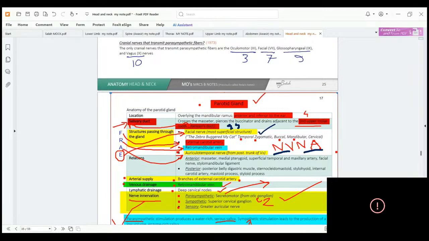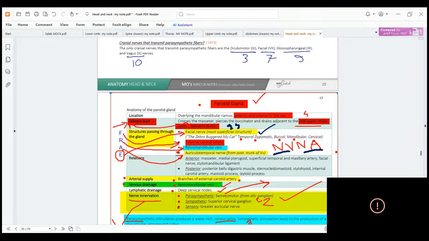Parotid gland location, okay. And the salivary duct, opposite the second upper molar tooth, is also called Stenson duct. It crosses the masseter, pierces the buccinator, and drains adjacent to the second upper molar tooth.